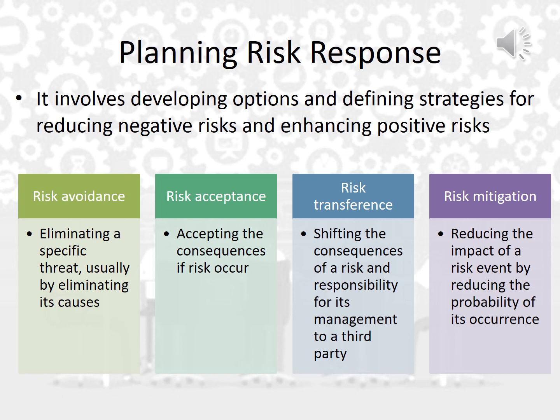Now, the third strategy is called risk transference. Transference معناها تحويل المخاطر. So I will shift the consequences of the risks and responsibility if it happens, where I will transfer it or shift it to a third party. Again, let's go with the portable hard disk example. I decided to buy that hardware device, but I'll do one thing here.